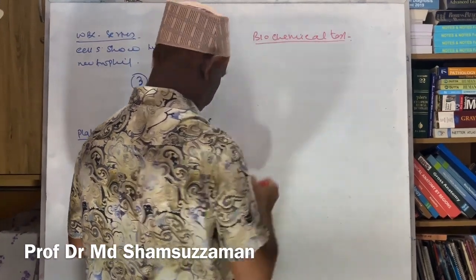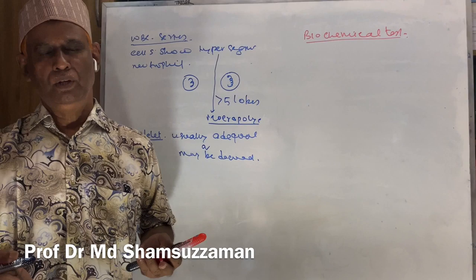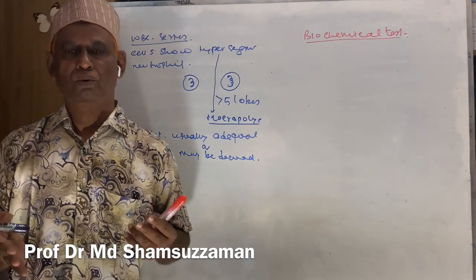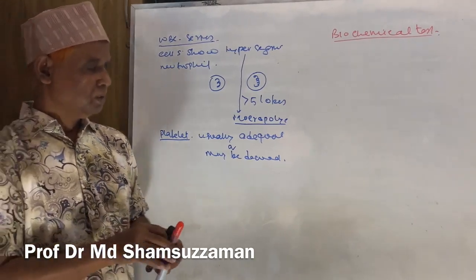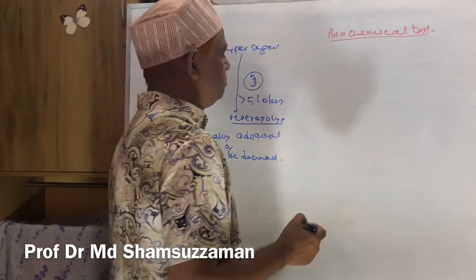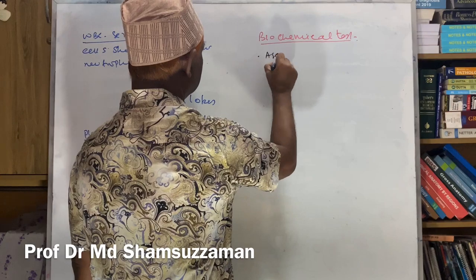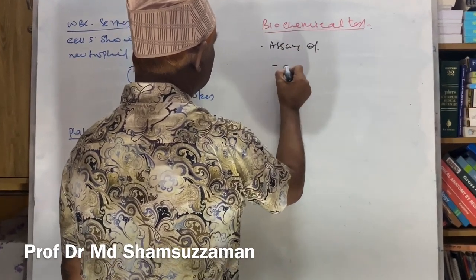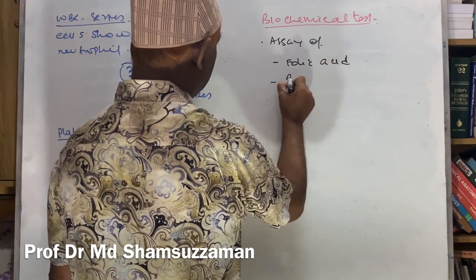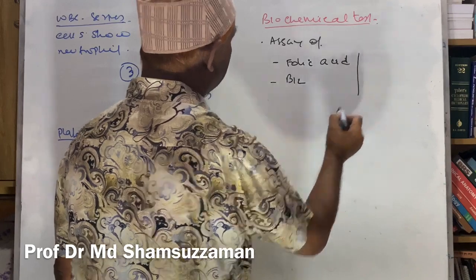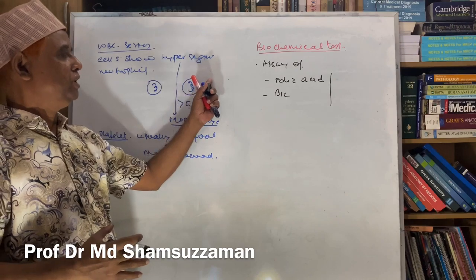Dear audience, we know folic acid deficiency or vitamin B12 deficiency is the cause of macrocytic megaloblastic anemia. So we have to assay folic acid and vitamin B12 in plasma. If we get decreased folic acid level in plasma, the cause of megaloblastic anemia is folic acid deficiency.